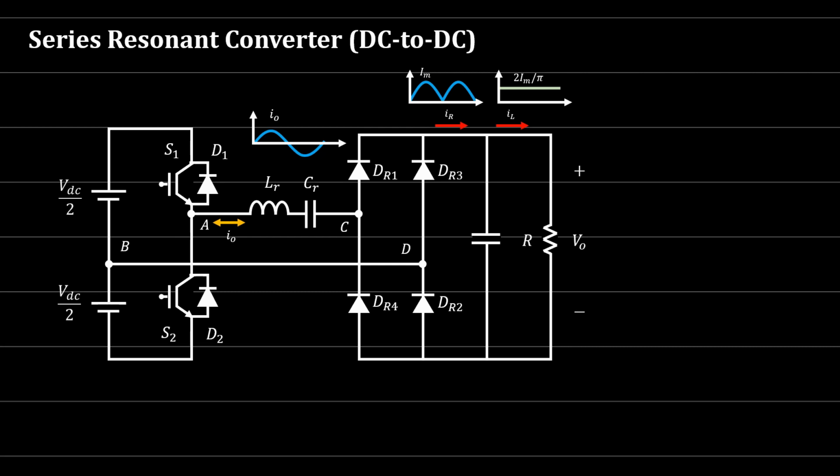So today we'll talk about the series resonant converters, DC to DC, and here you'll find that we have three parts in our converter. Part number one is the inverter part, which is the half bridge. Last time we used a full bridge. Today, just for simplicity, I put a half bridge, so we just have two switches.